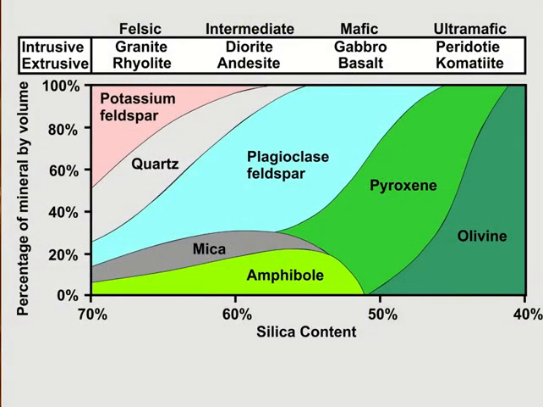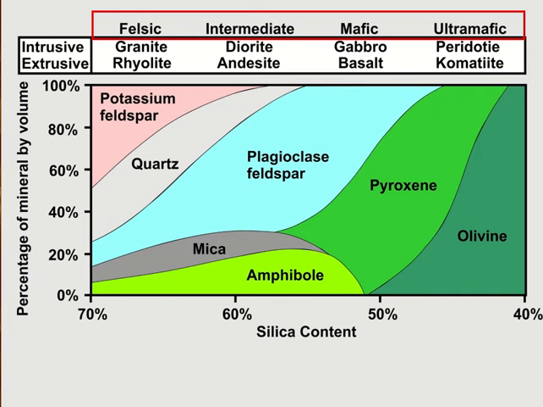So this is a lot of information on this graphic. I spent part of this afternoon making this, so I hope you enjoy it. But it's very informative. Here you have all the major igneous rock types and what makes them up. So here it's divided into the main divisions of felsic, intermediate, mafic, and ultramafic.